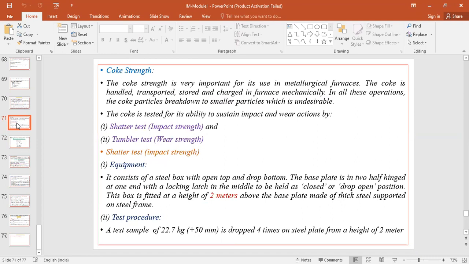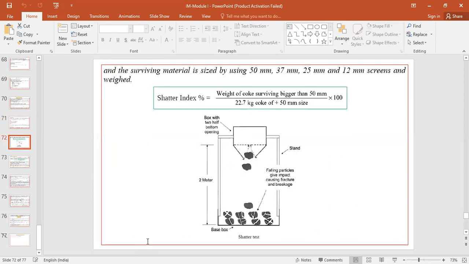If you see the procedure for this test, we need to take a sample size of 22.7 kg of plus 50 mm size coke particles, and it is dropped 4 times from a height of 2 meters onto a steel plate.